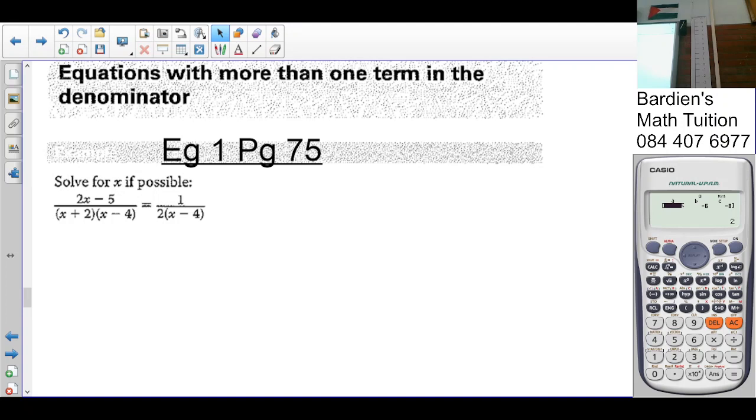Okay. So what's the first thing we need to do here? First things first. LCM. Okay. So what I want you guys to do is to write down the following bullet points.